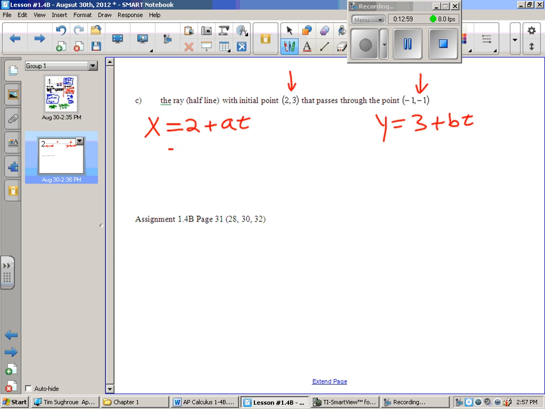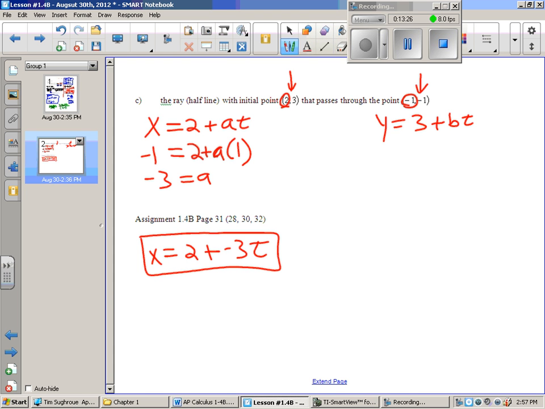So, the x-coordinate goes from 2 to -1 in one time interval when t is 1. Subtract. You get a equals -3. So our x-coordinate is going to be 2 plus -3 times t.